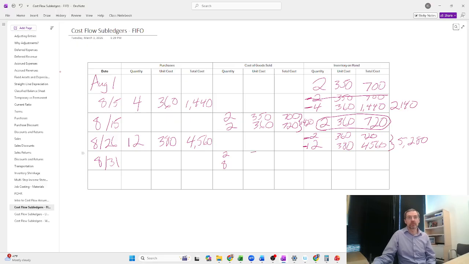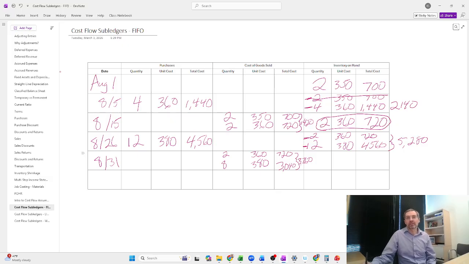So 2 at 360 and 8 of them at 380. So the 2 at 360 was 720. And then the 8 at 380 was 3,040 for a total, again, this is what we're looking for in the journal entry, of 3,760.